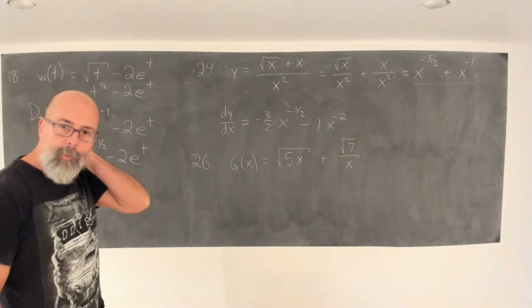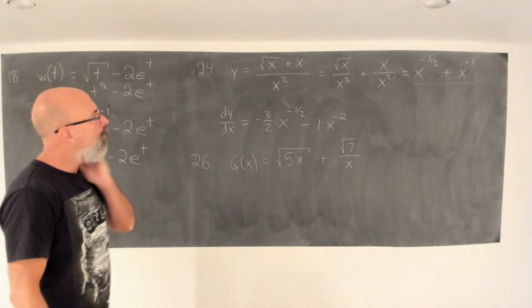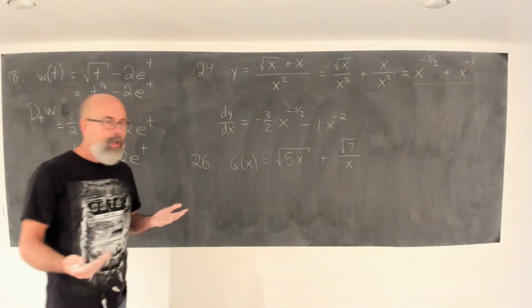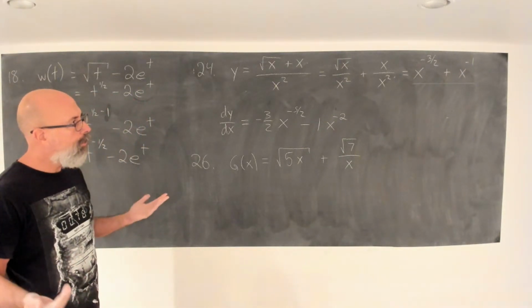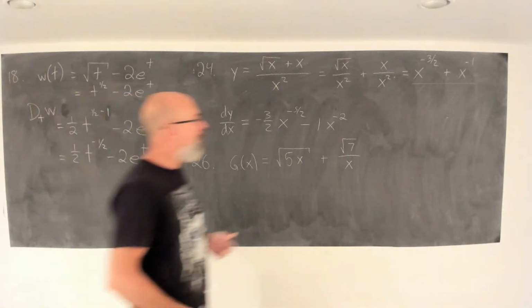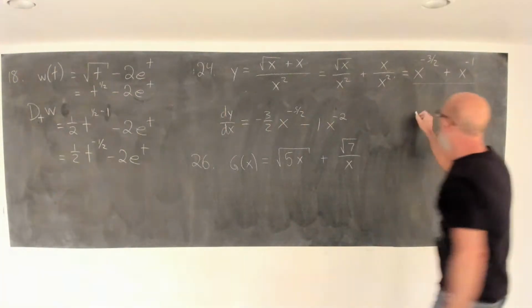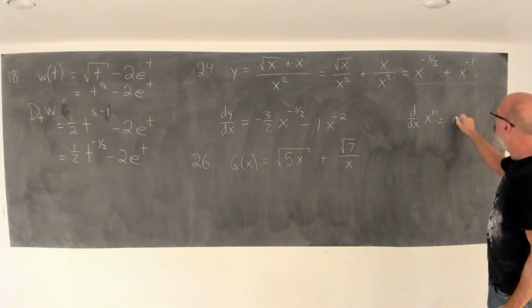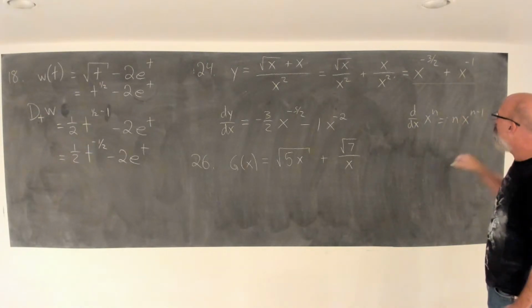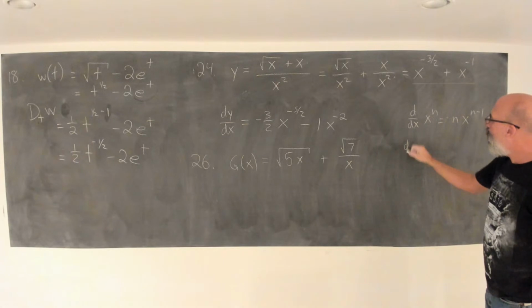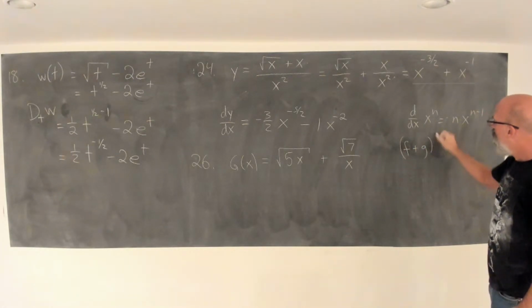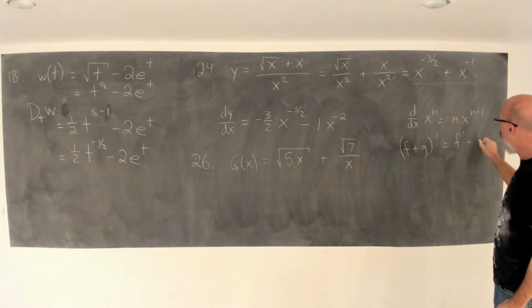Why couldn't we apply just the original rules? What do the original rules say? They tell you that the derivative of a power of x is nx to the n-1. They tell you that the derivative of a sum is the sum of the derivatives.